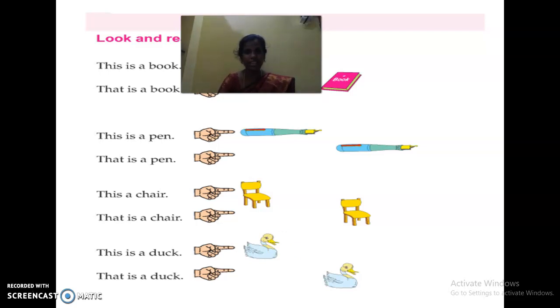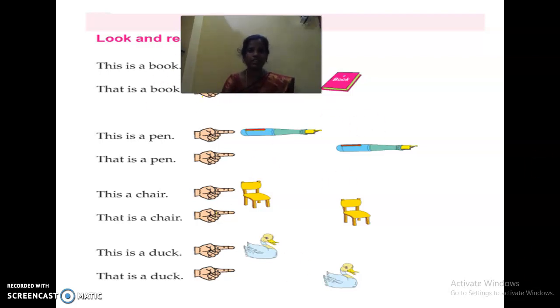Then next we will see the grammar topic this and that. That topic is demonstrative pronouns. Where do you have to use this? Yes, when the object is near to the speaker. If the object is far away, with some distance, you have to use the demonstrative pronoun that.